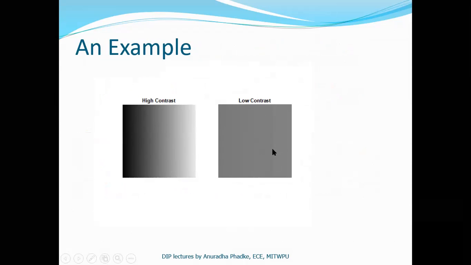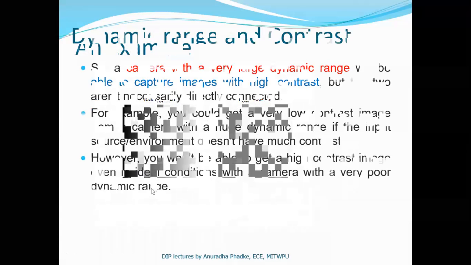If you look at this image, there is only one gray value appearing over the entire image, or there is a very small difference between the darkest and brightest point in the given image. So this is an example of a low contrast image, and this is an example of a high contrast image.